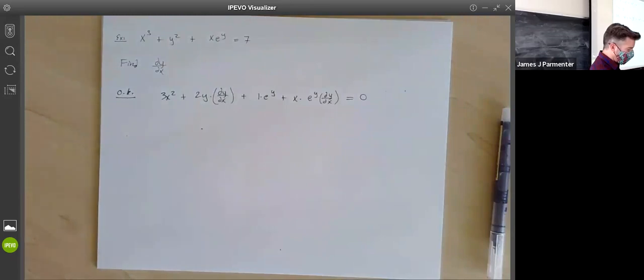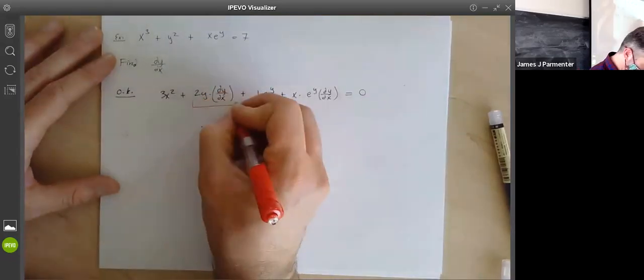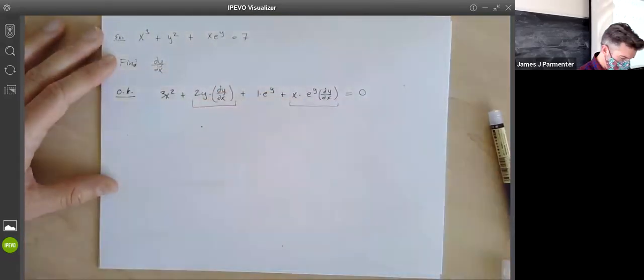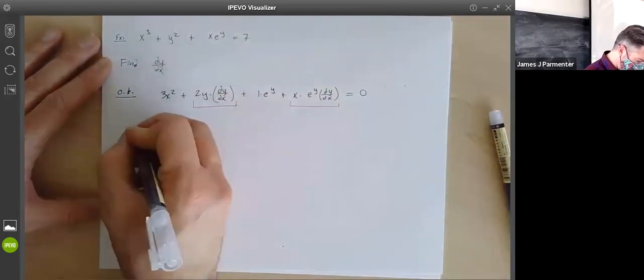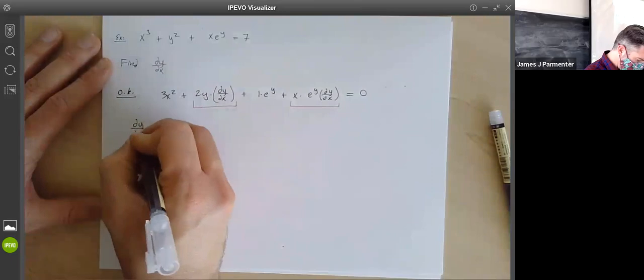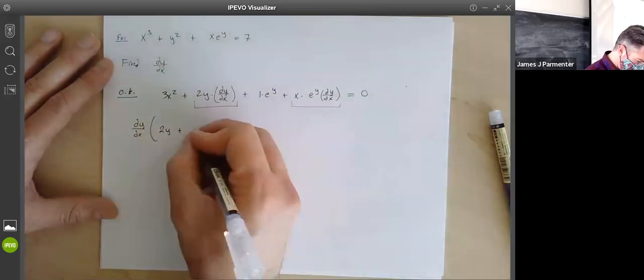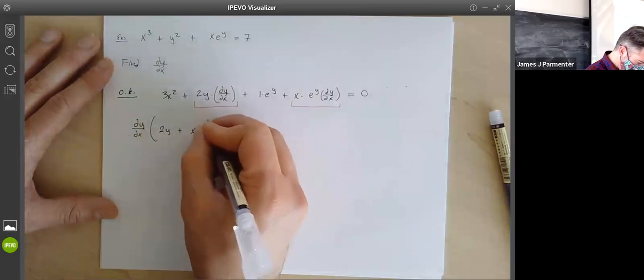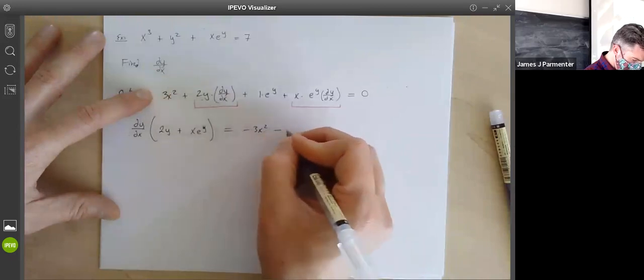And then we would do the algebra of solving for dy dx. I would group the dy dx things together on one side and bring the other stuff to the other side. So on the left I have dy dx times 2y plus x e to the y, equal to, on the right hand side, negative 3x squared minus e to the y.